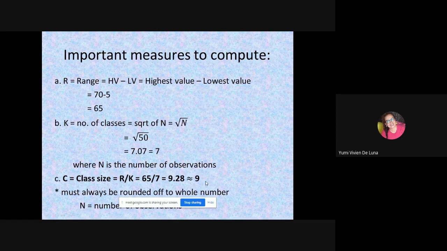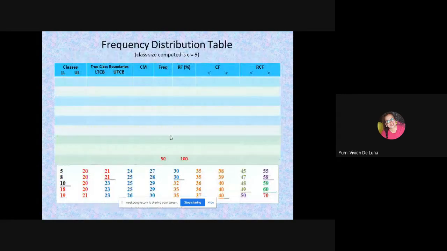Okay, so how do we start? Okay, so this is the complete FDT. There are some videos na nagpapakita ng pag-construct ng FDT pero hindi sila kompleto. Usually, ang nakalagay lang doon classes, frequency, tapos RF. So what I'll discuss is a complete frequency distribution table. A complete FDT has 7 columns.